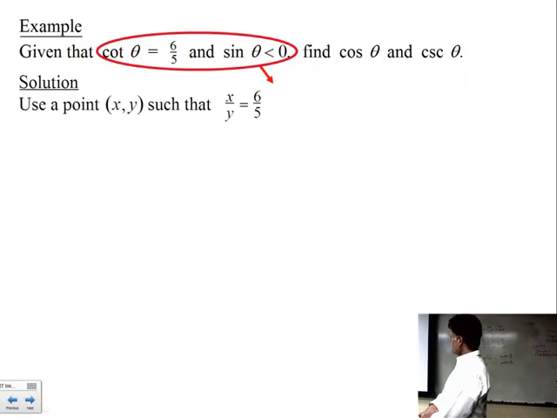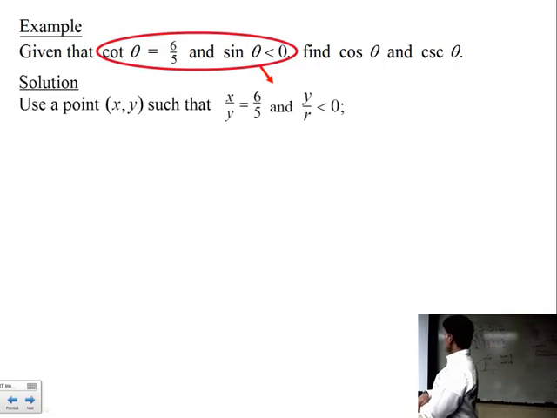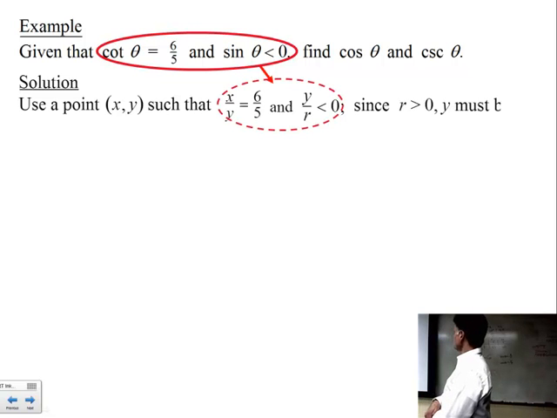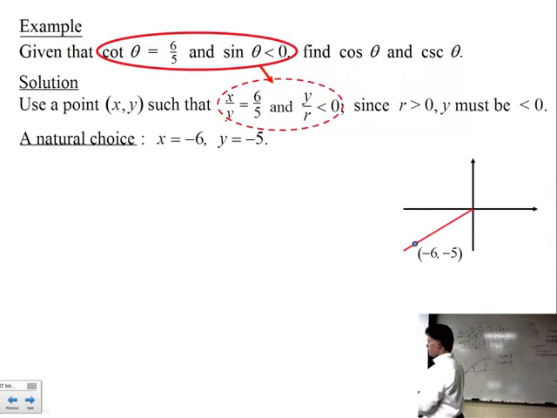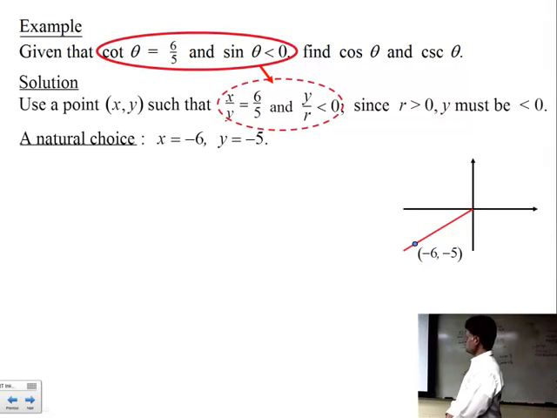And that's fine, that would be the first thing, but then the sine is positive. So how can we get the sine negative? You can take negative 6 divided by negative 5. That gives you the same ratio. But now y is negative, and so y over r is negative, which is the sine of theta. So natural choice is x equals minus 6, y is minus 5. And if we draw that, we get this point down here. So which quadrant is that? Quadrant 3. Okay.